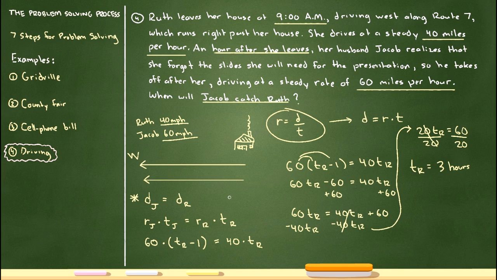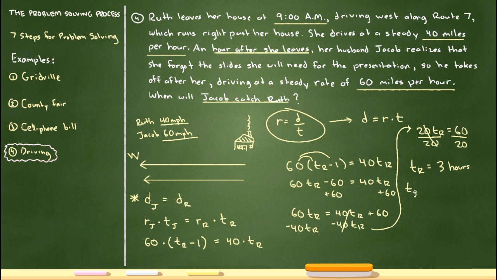Now, we did so much work, it seems like that would answer the question, but that doesn't answer the question, right? The question is, when will Jacob catch Ruth? Now we want to ask ourselves, what did we just solve for? This is Ruth's traveling time. We know Ruth was traveling for 3 hours.